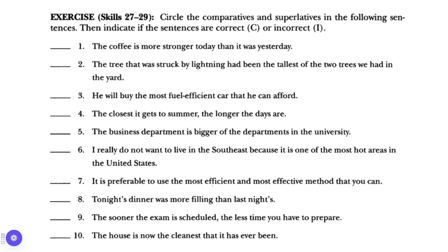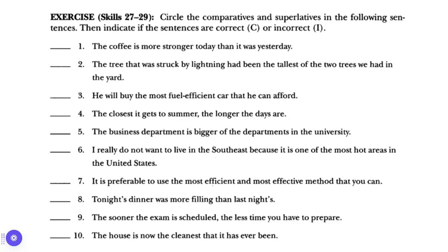Okay, let's review the answers. Number 1, incorrect. We should omit the word more in more stronger. Number 2, incorrect. It should be taller than the other tree. Number 3, correct. Number 4, incorrect.